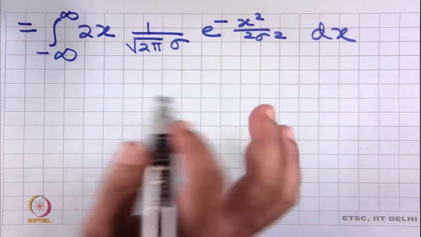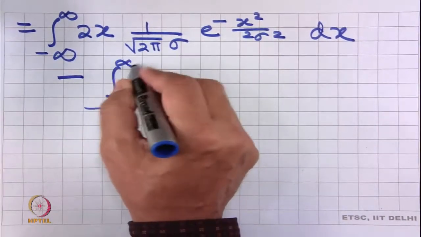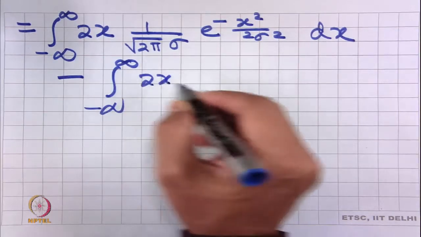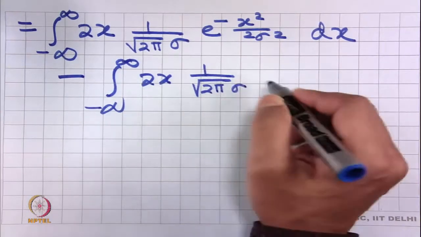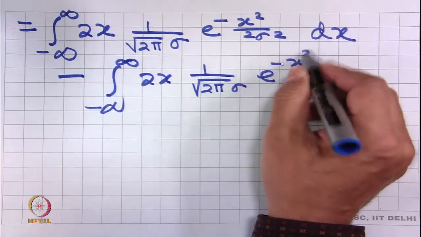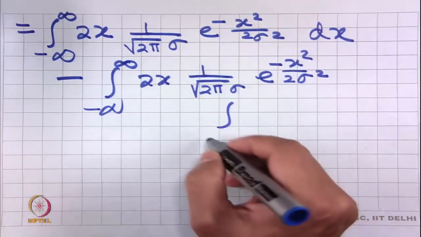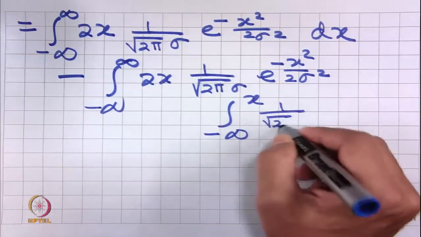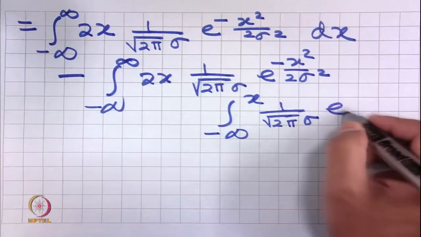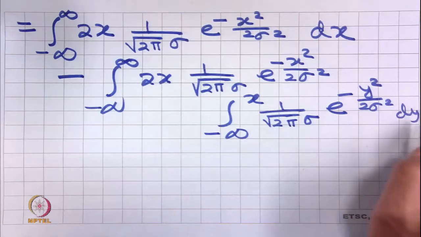I have taken out the 1 and this gives this minus integration minus infinity to infinity 2x into 1 over root 2 pi sigma e to the power minus x square upon 2 sigma square, multiplied by the integration of minus infinity to x 1 over root 2 pi sigma e to the power minus y square upon 2 sigma square dy, and then whole thing is dx.